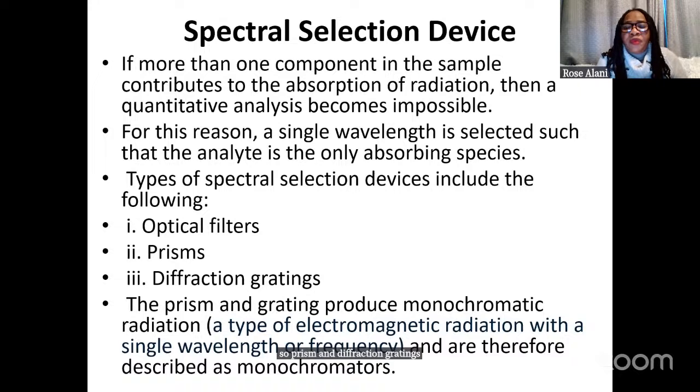Prisms and diffraction gratings both produce monochromatic radiation, that is, radiation with a single wavelength or frequency. Because they produce monochromatic radiation, they are described as monochromators. So your prism is a monochromator, and your diffraction grating is a monochromator.